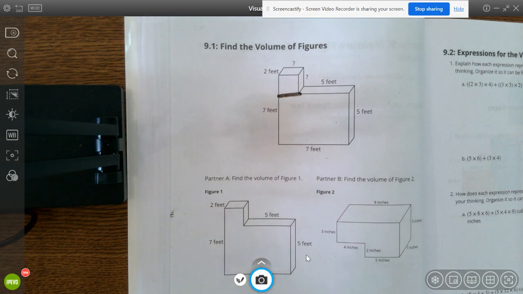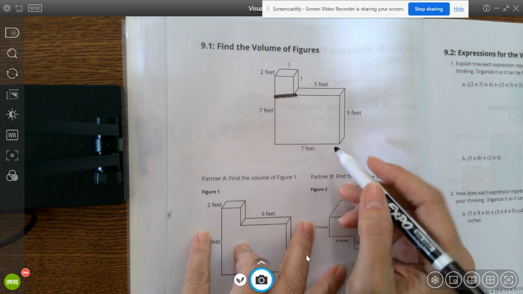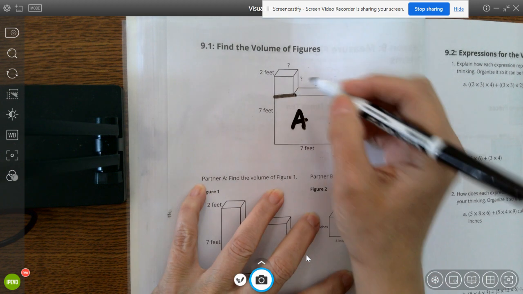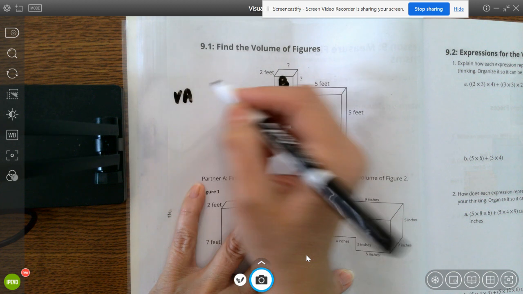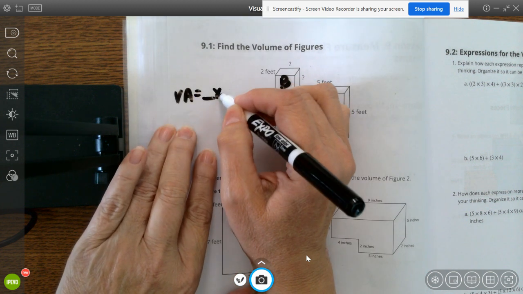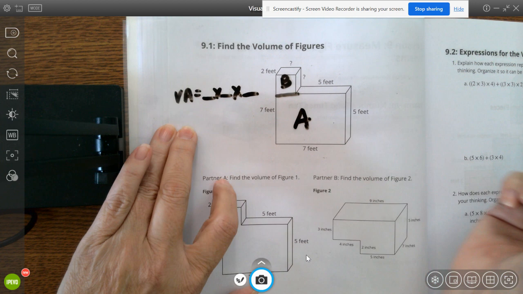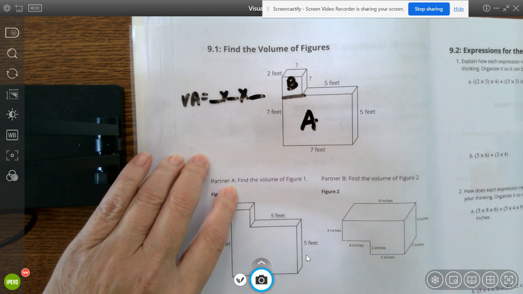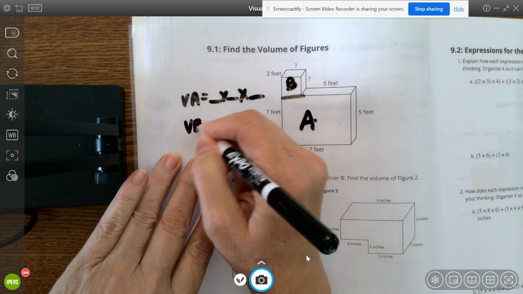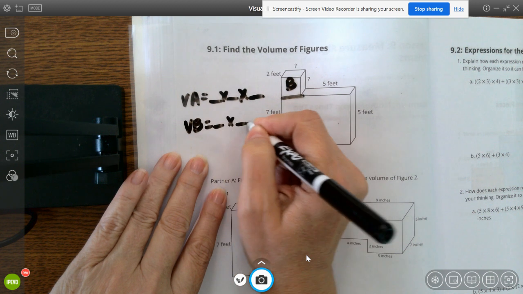Okay, now I need to look for the across number for figure A. This is A and this is B. I'm going to put volume of A equals blank times blank times blank, and you should be writing this down with me as I'm writing it down. Volume of B equals blank times blank times blank.